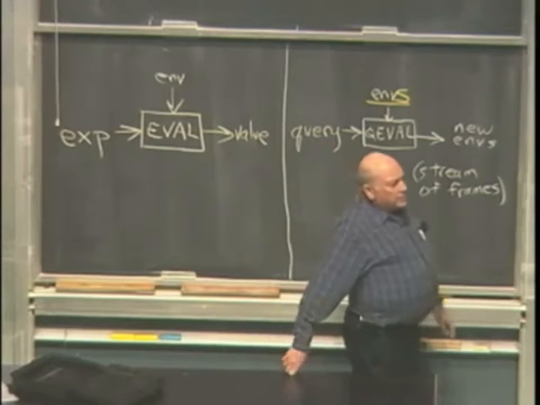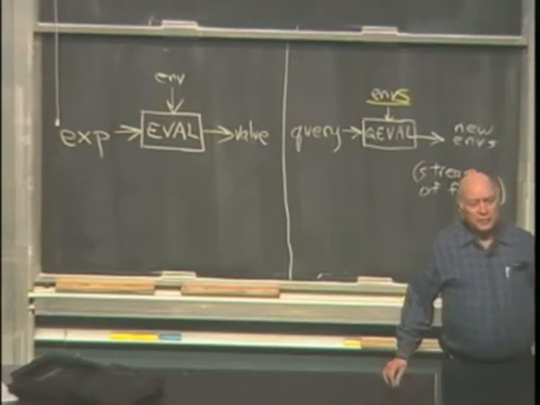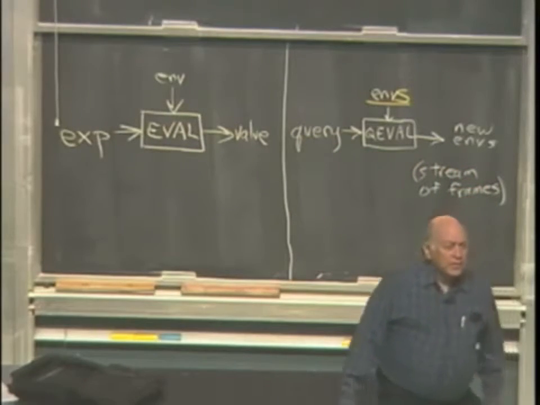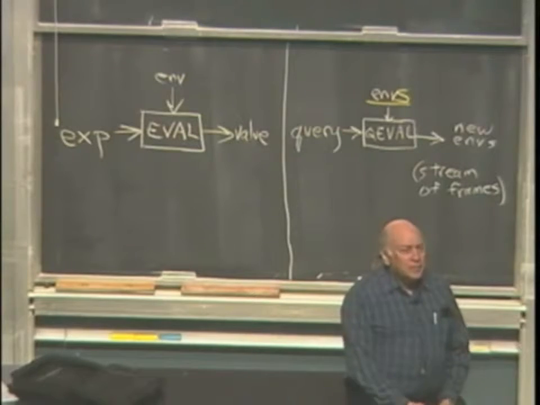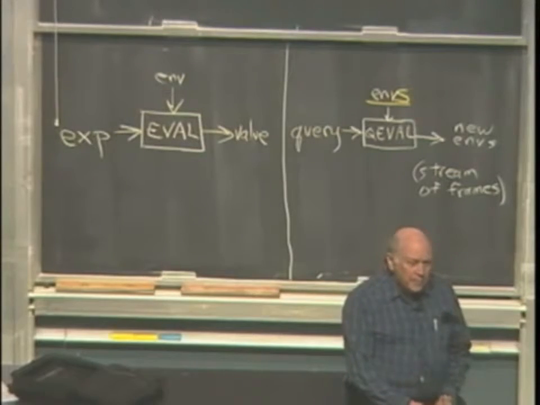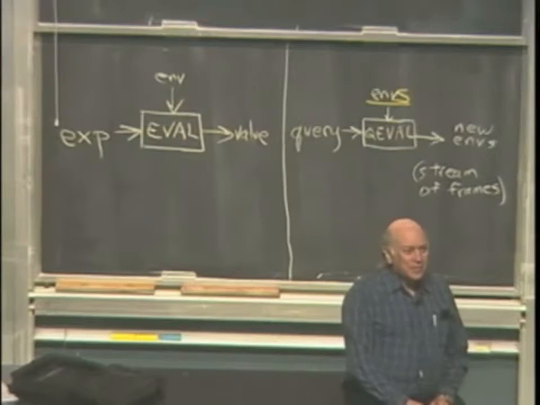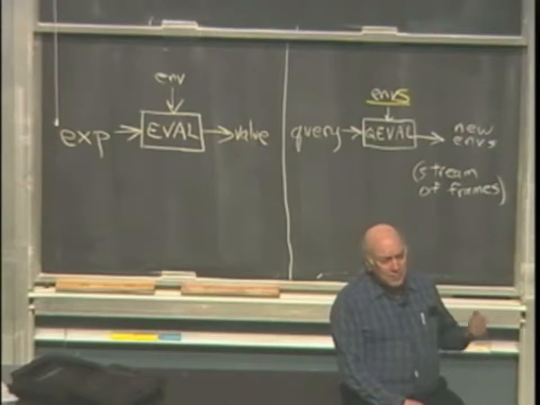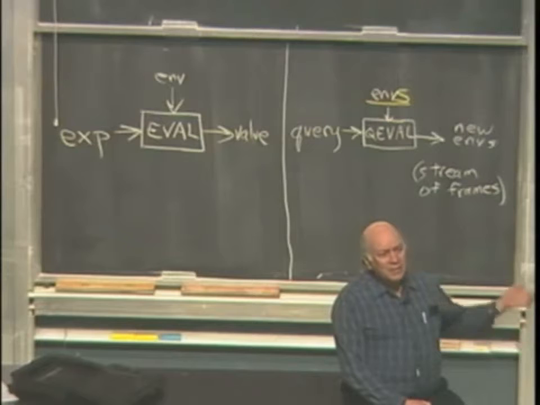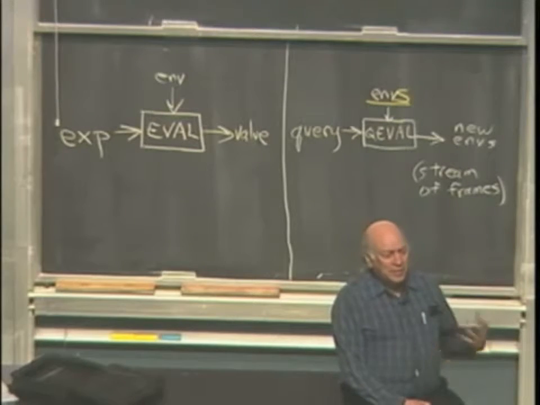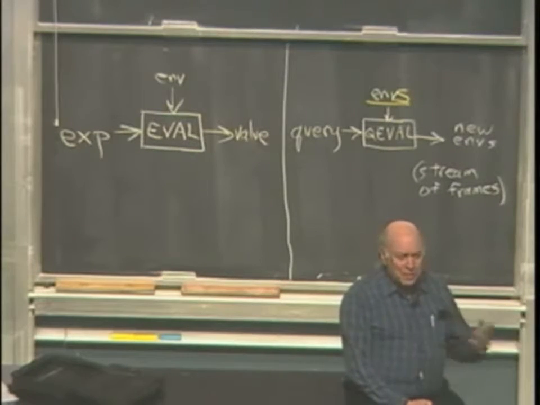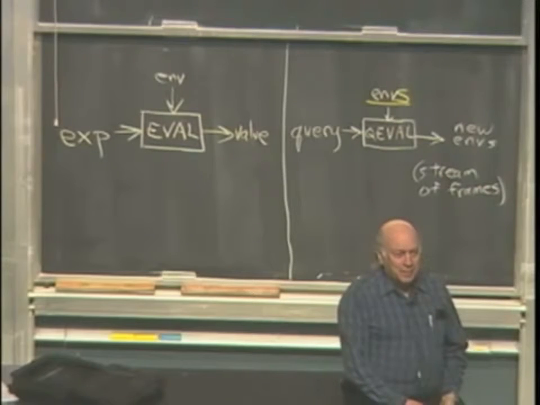It's written to take a stream of environments. So you could think, if you had a lot of environments, you could just do them one at a time. In some situations, there are infinitely many answers to your question, or at least infinitely many potential answers. But it's worthwhile seeing them one at a time as they materialize, and you can just stop the computation when you're happy.